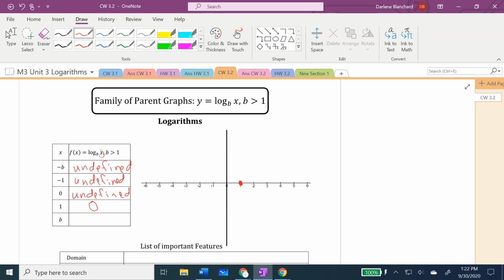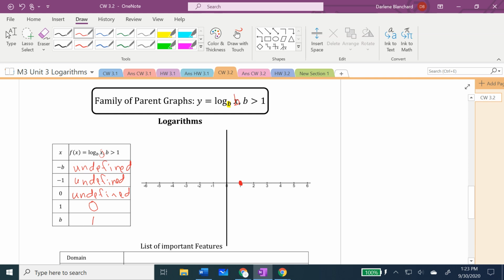There are 2 important points I want you to find for every parent logarithm graph. 1, 0 is one of those points. For the other point, if I plug b into x, do you remember that this is asking what is the exponent for b to the power of that will give me an answer of b, and that number is 1.